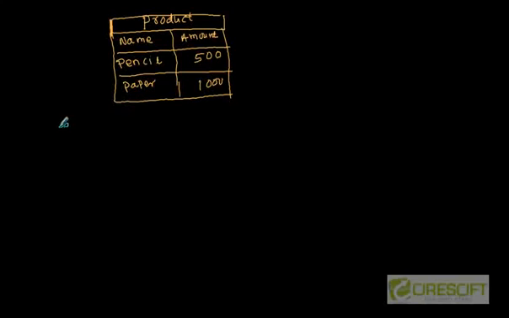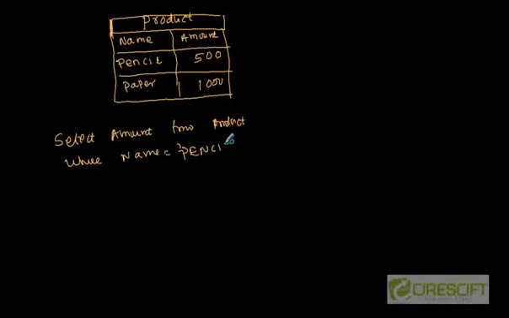In that case, he is going to read: select amount from product where name is equal to pencil. Using this SQL statement, I get the number of pencils I have at that moment. Let's say it gives me 500.